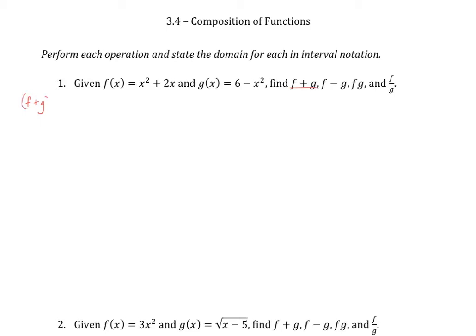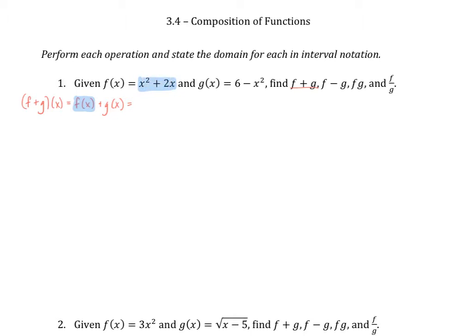This means f plus g of x, and that's the same as adding the two functions, f of x plus g of x. If we do that, we can see that f of x is equal to x squared plus 2x, because that's what it tells us.